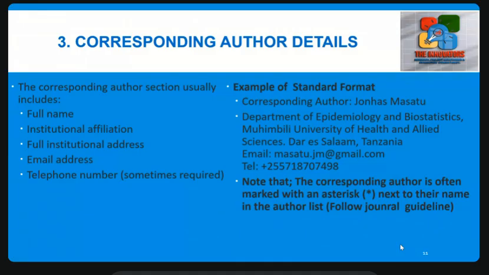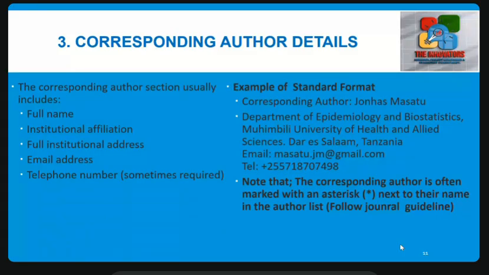Also, when the paper is published, if anybody needs to know anything regarding the publication, the corresponding author's email will be used to contact the corresponding author on behalf of the co-authors. And sometimes the phone may be used as well.